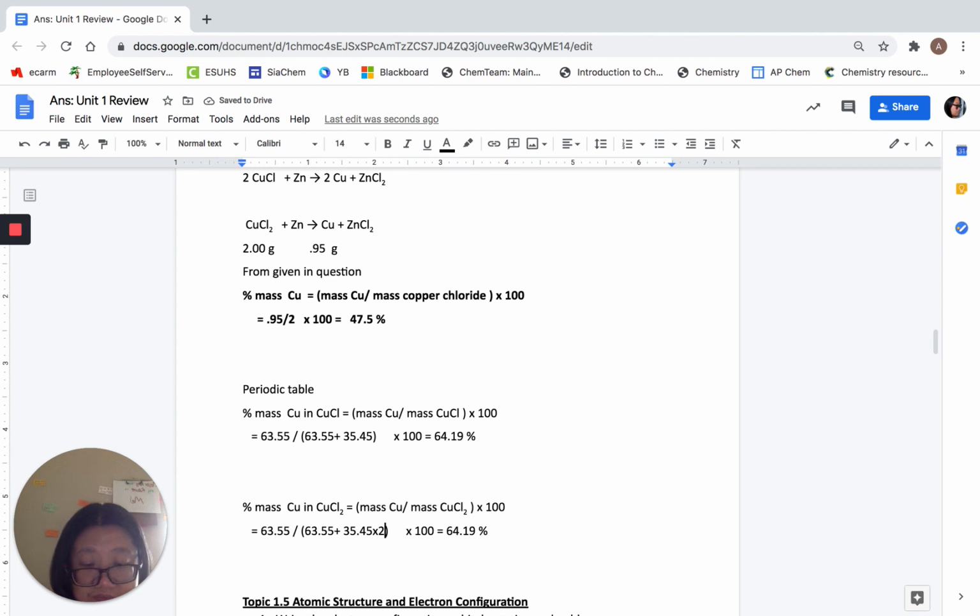That gives me a different number, 47.27%. If you look at the other one, the 47.5% is closer to this one. So that means your sample is CuCl2.